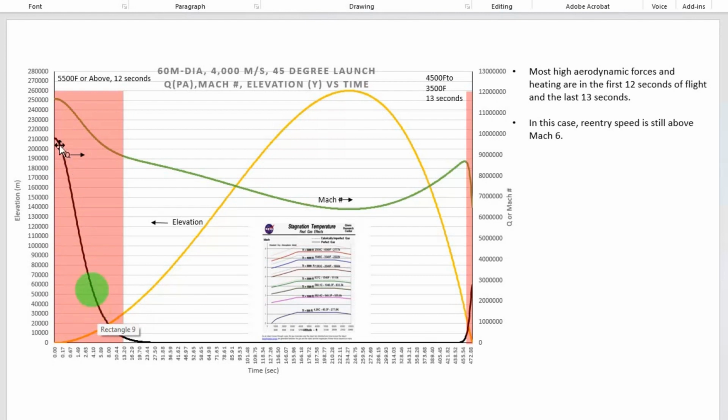If in fact a lot of debris was entrained in a moving atmosphere that was moving along with the debris at such a scale, we would see a lot less of this Q in this area here, and it could maybe resemble more of this area here.